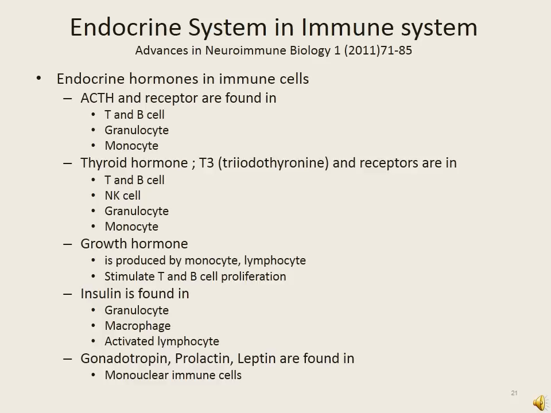For insulin, the article shows us that almost all of the immune cells, the granulocytes and the mononuclear cells, can produce insulin. The last ones are the gonadotropin, the prolactin, the leptin. They are found in the mononuclear immune cells.